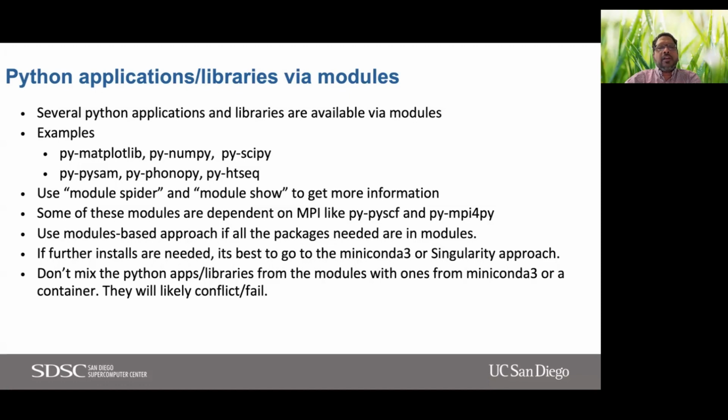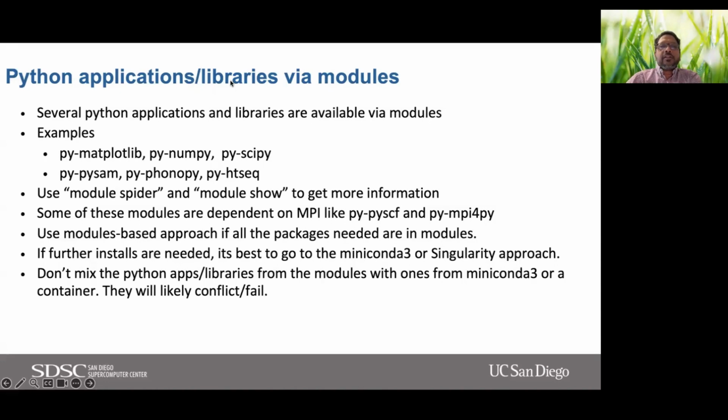But a lot of times you'll find that either the package we have is not the right version, or you want something specific for your own install that doesn't exist in our package. Then I would suggest going the Miniconda route or the Singularity approach. Either way is fine. If you have a container, that's probably quicker. But if you need to build something from scratch, then maybe just get a Miniconda install.